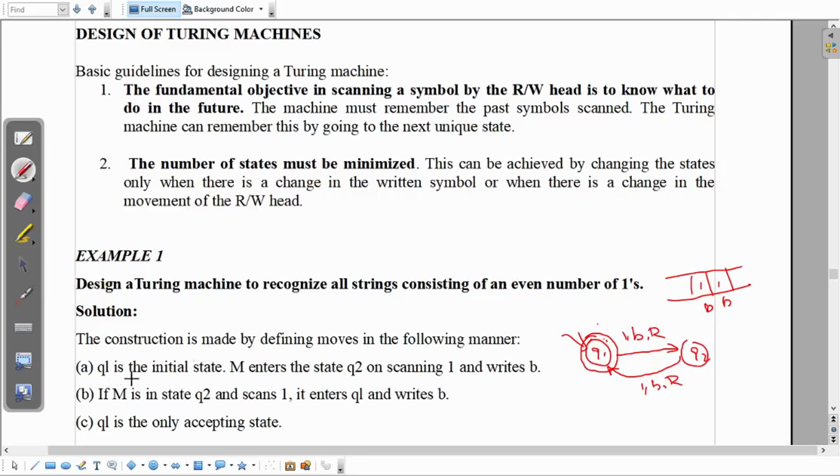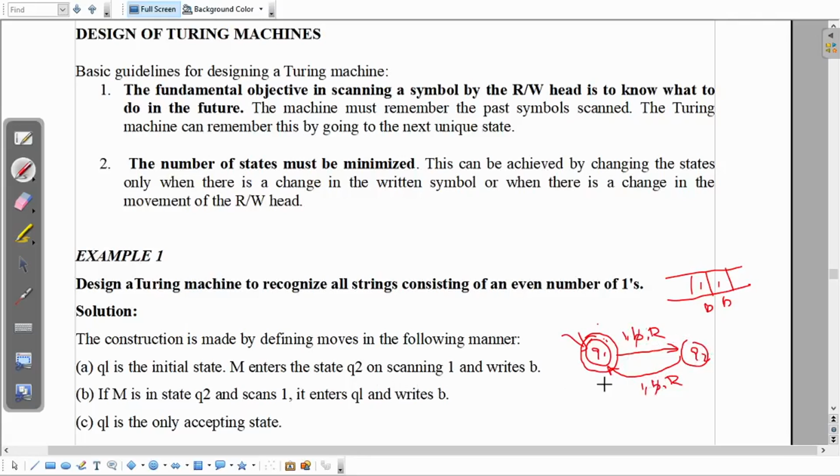There are two states, Q1 is the initial state and Q2 is the other state, and when M enters the state Q2 on scanning 1, it writes B. So you can see here, when the machine enters the state Q2, it reads the character 1 and replaces it with the blank character.